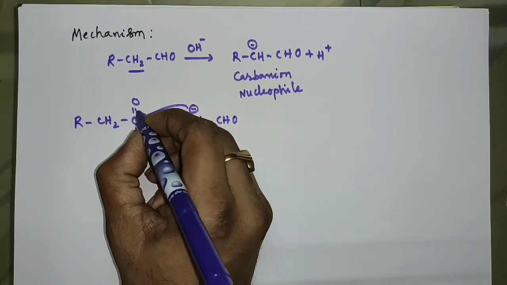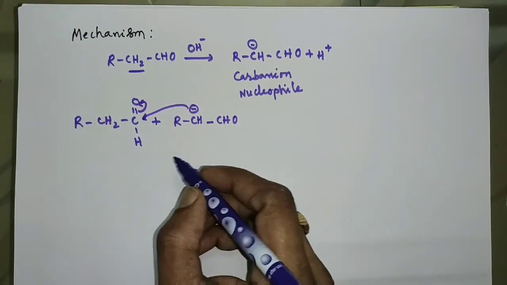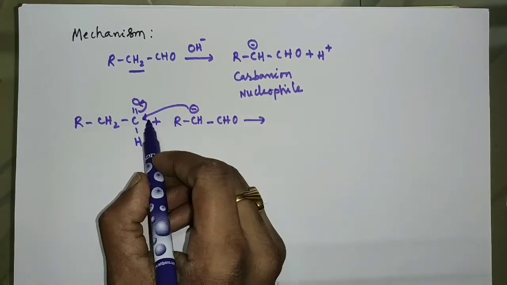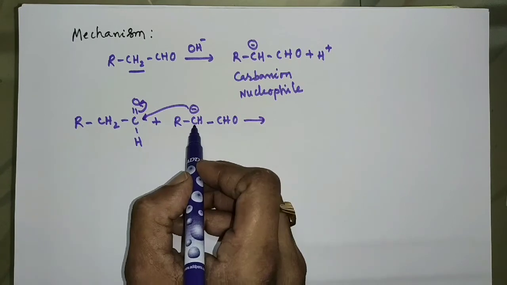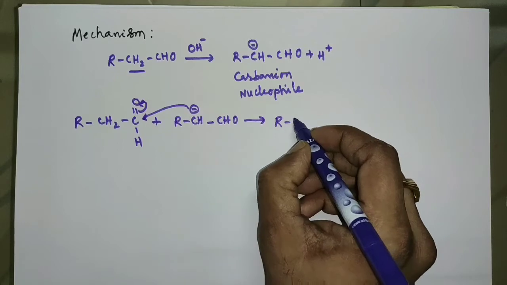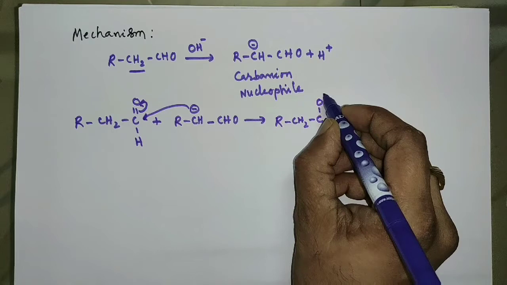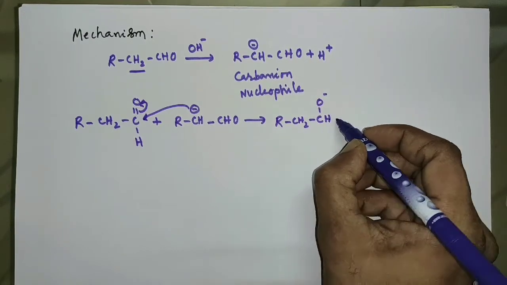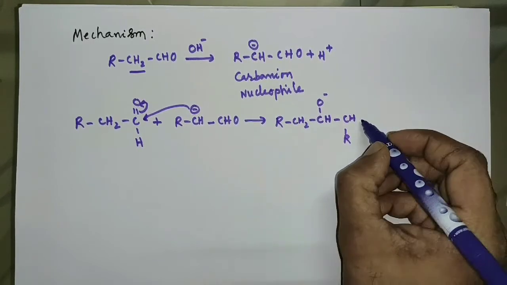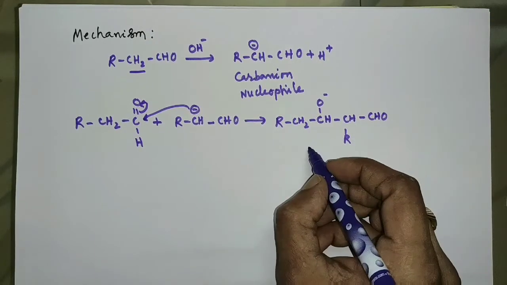Because of this pi electron cloud will be shifted to oxygen to maintain tetravalence of carbon. Now you will have a new bond between this carbonyl carbon and this nucleophilic carbon atom. Now you got an alkoxide ion here.